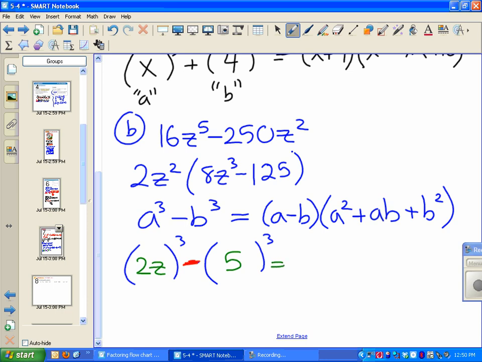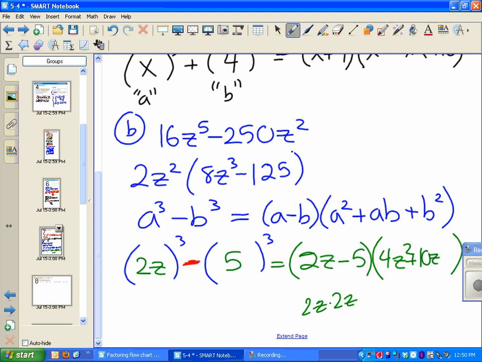So when we use our formula, it's 2z minus 5, the same sign. And then inside here, 2z squared. Again, make sure you're doing 2z times 2z, so that would be 4z squared. Multiply those two together, so 2z times 5, and opposite sign, so plus 10z. And then square 5 and you get 25.